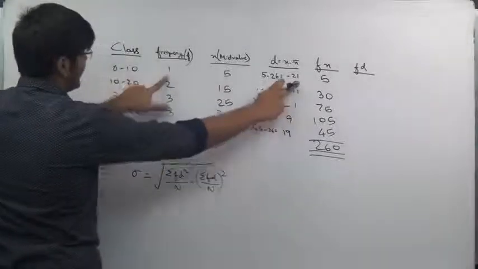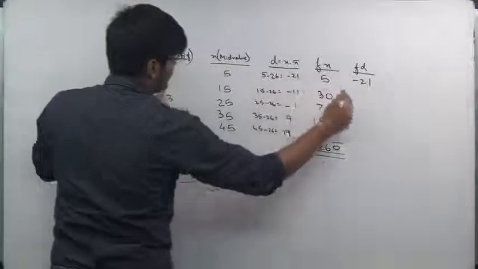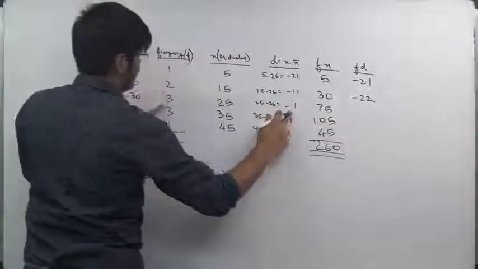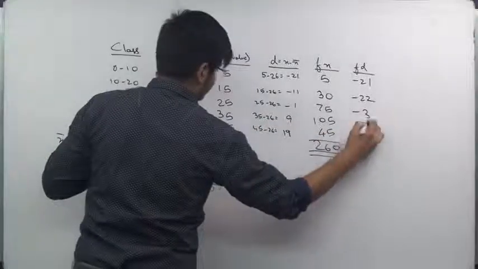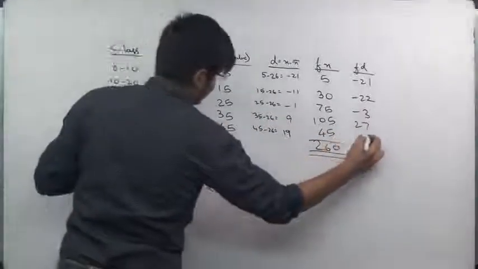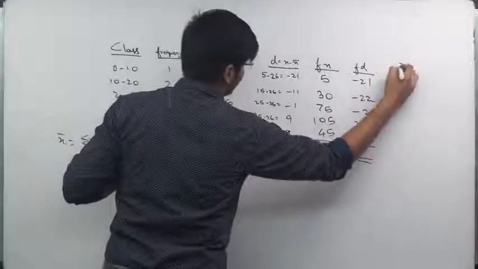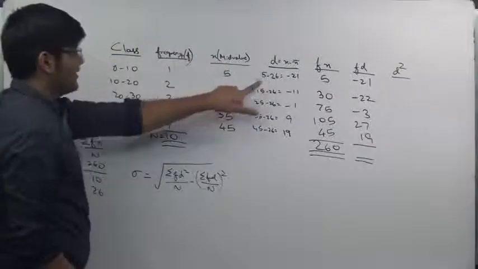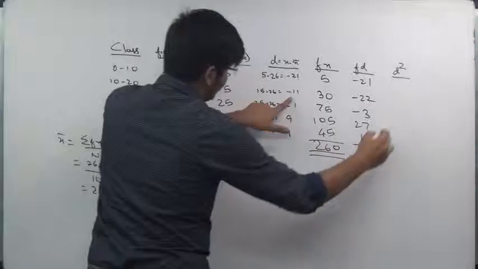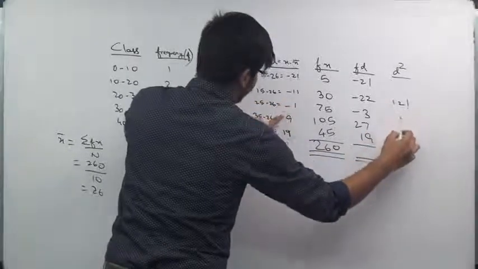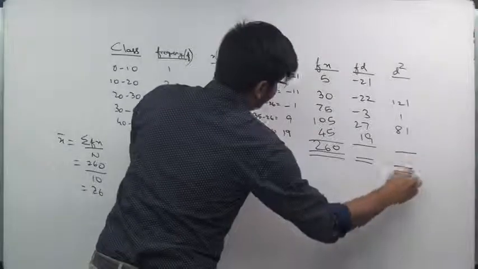So minus 21 into 1, same, minus 11 into 2, minus 22, minus 1, minus 3, 27, 19. We need to compute the total for this. Next, find out d square. That means minus 21 into minus 21, minus 11 into minus 11. Start doing it. Then total of this.